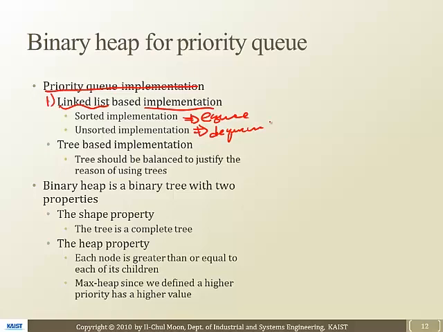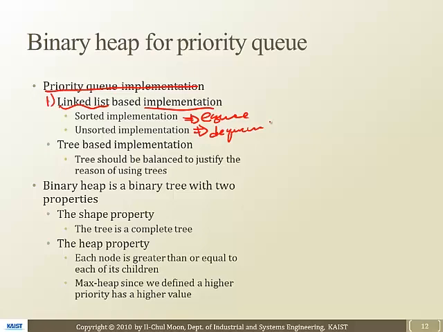In enqueue operations, the linked lists are all sorted based upon the priority, so it's being called sorted implementation. And in DQ operation, when we talk about the unsorted implementation, the DQ operation selects the highest priority when it gets out the elements.